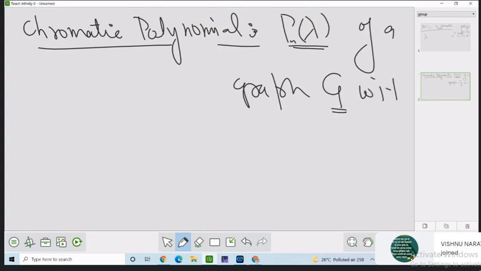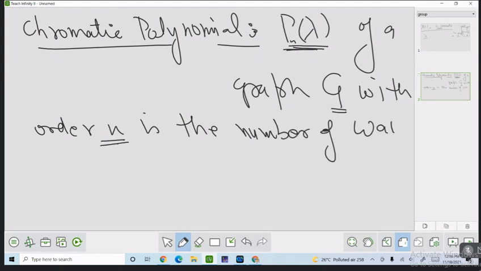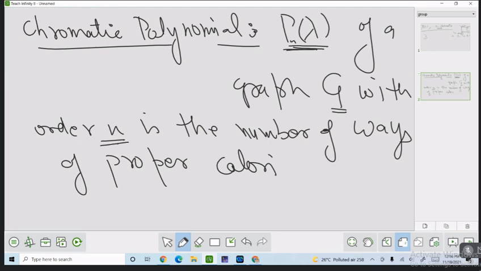The chromatic polynomial of a graph G with order n is the number of ways of proper coloring of G. Clear?